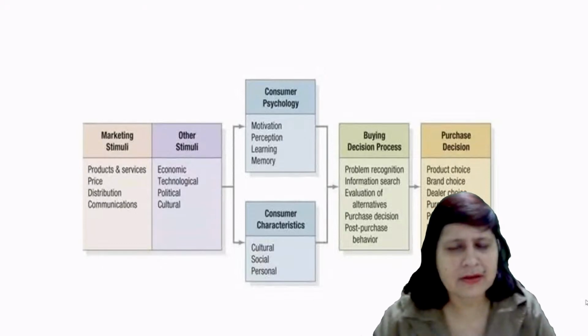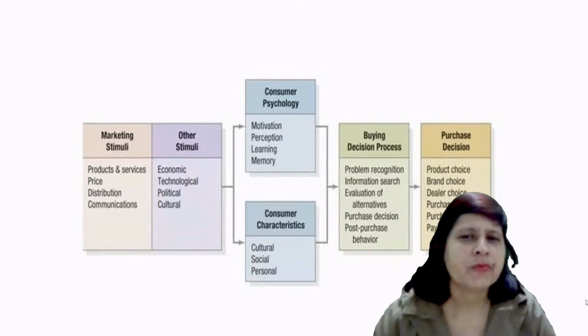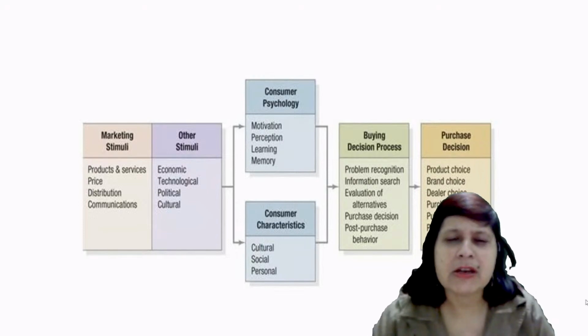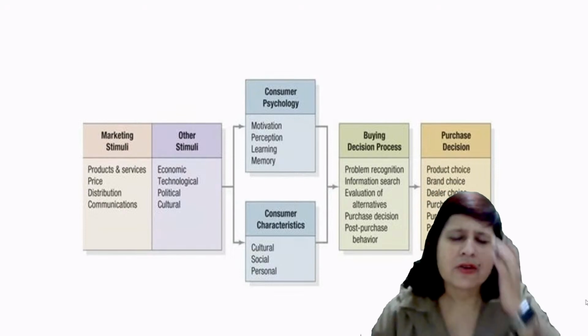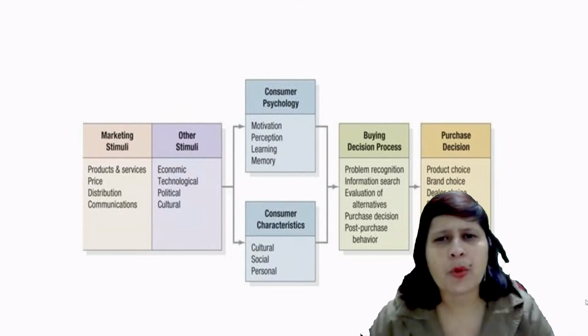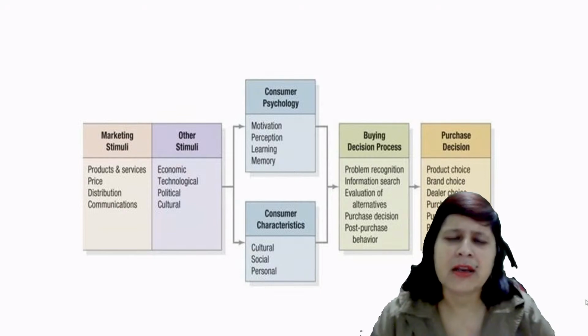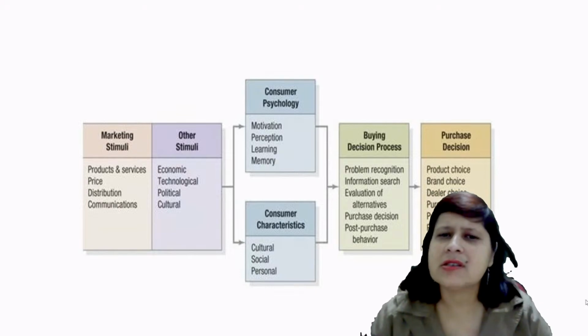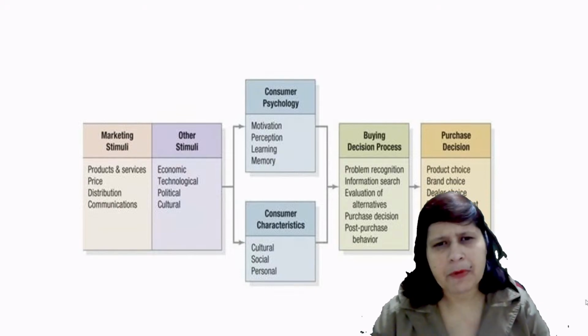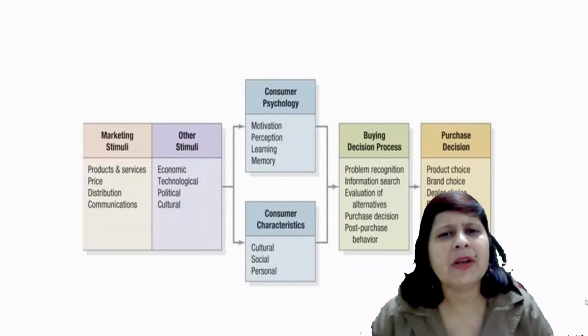Apart from the marketing stimuli, there are other stimuli which play an important role, that is the economic conditions. If the economy is doing well, consumers have money in their hands and won't mind spending more, right? If their income is increasing. If economic conditions are not that good, then people may not prefer to spend money.